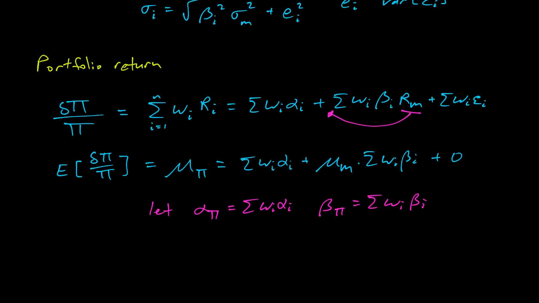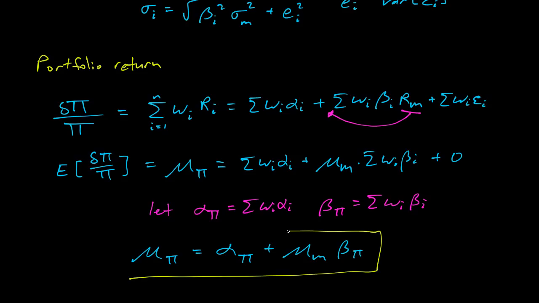Now we have a nice formula here. So this mu pi is what? It's just alpha pi plus mu m beta pi. That's it. So here's our portfolio return.